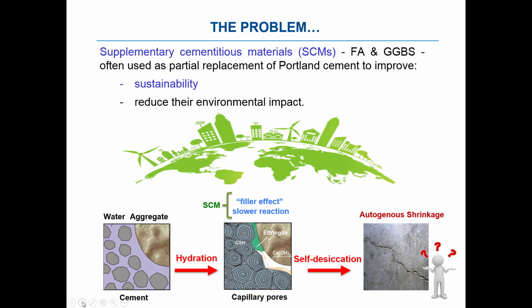This is due to a slow reaction of the SCM in early ages, and the physical presence of SCM, known as a filler effect, affects the rate and extent of the reaction of the clinker component. This leads to increased capillary pores and consequently increased autogenous shrinkage.